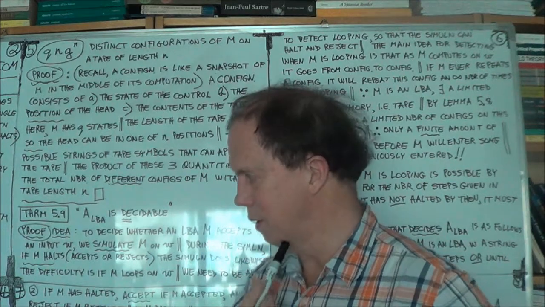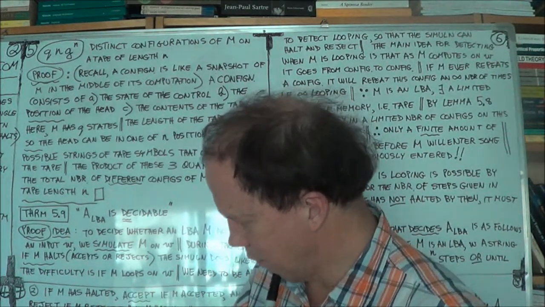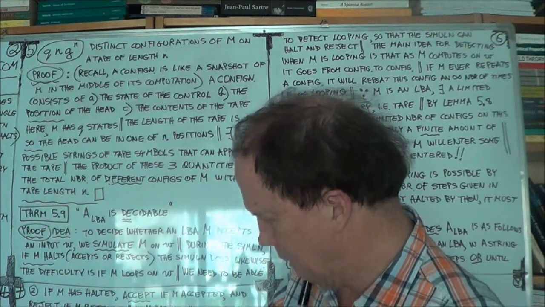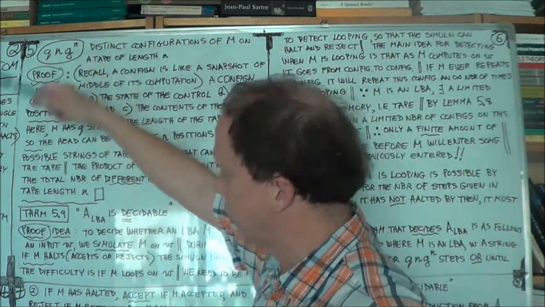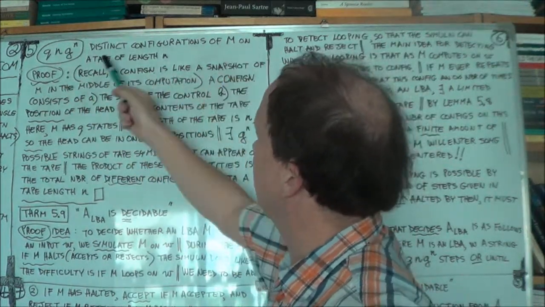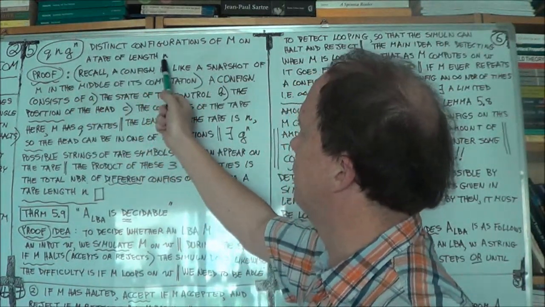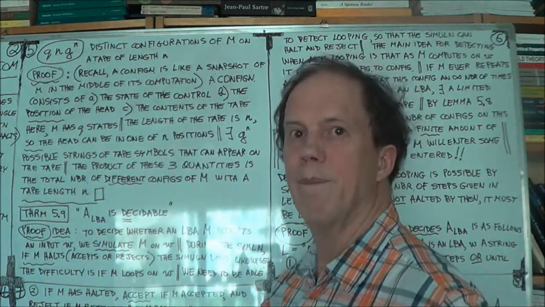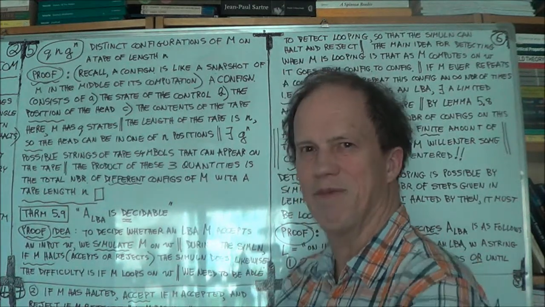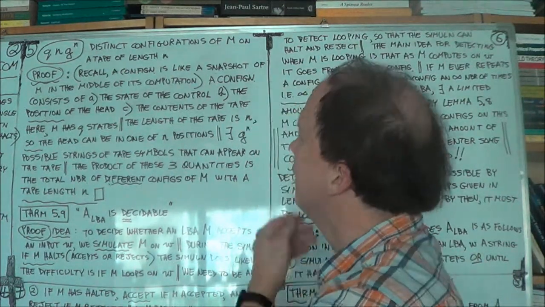Okay? And that's what Lemma 5.8 says. This is what the lemma says. There are this many distinct configurations of M on a tape of length little n. Okay. Now the proof, well, I've sort of done it in words anyway.